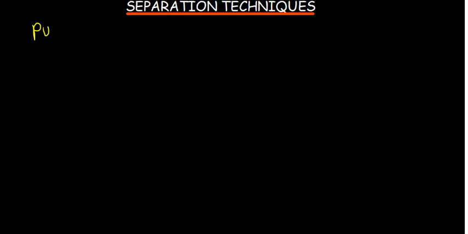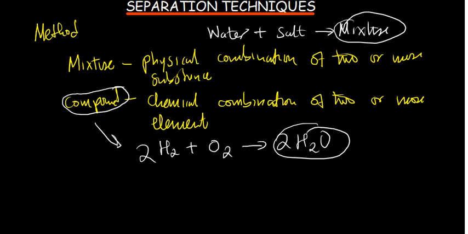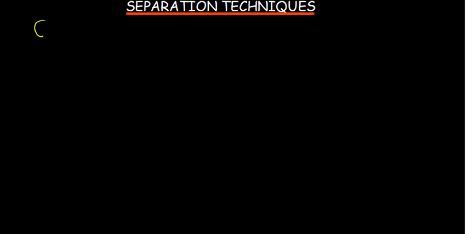Now, if something is pure, what do you look at? That is why we understand what we call criteria of purity. When you are talking about criteria of purity, all you are talking about is the things that you use when you want to know that this substance is pure.